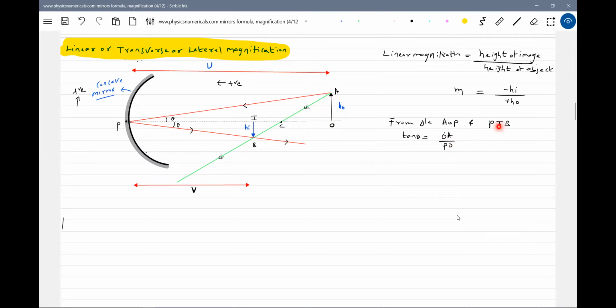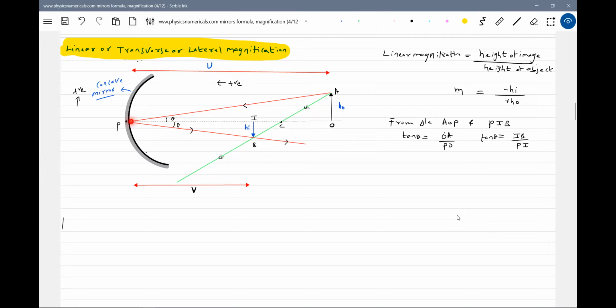Similarly, looking at the triangle PIB, you have a right angle triangle. This will be opposite, this will be adjacent. Then tan theta should be equal to IB by PI. Now you can ask, why are these angles equal?